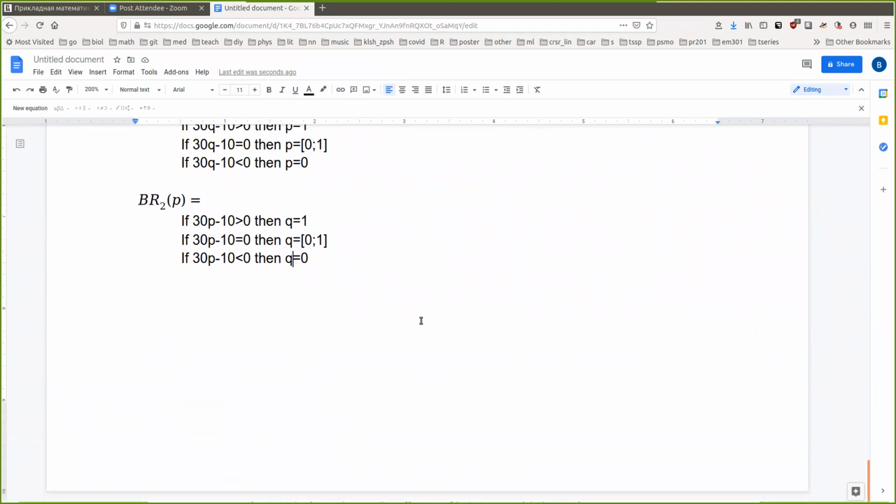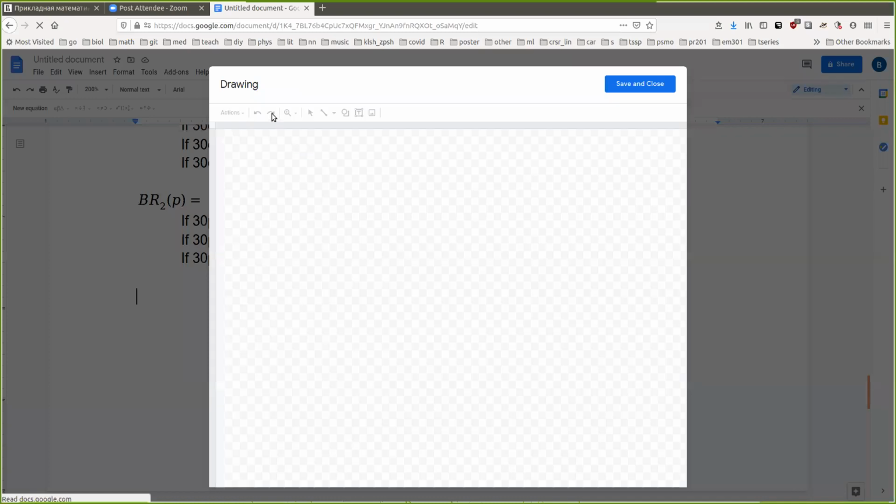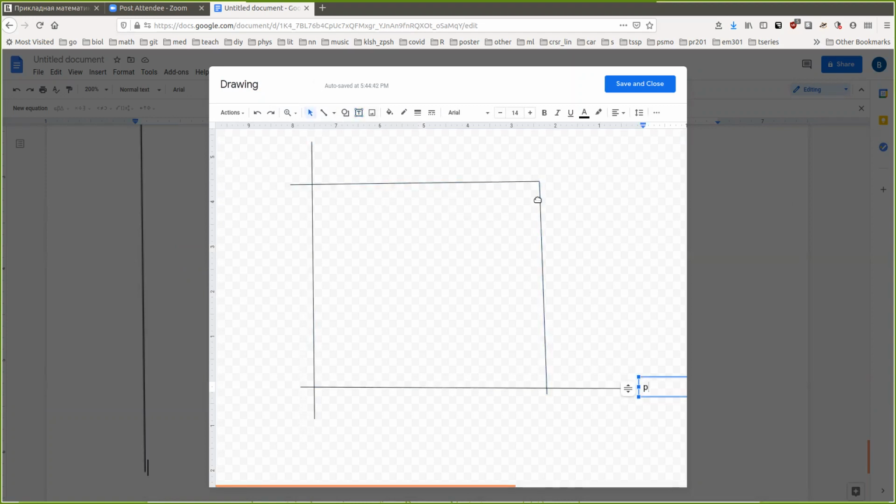Okay, and let's draw. Let me draw something like this: that will be the set of all P. I have P on the horizontal axis, Q on the vertical axis.